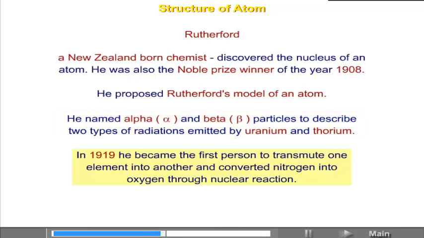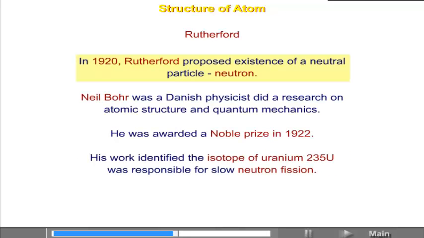In 1919, he became the first person to transmute one element into another, nitrogen into oxygen, through nuclear reaction. In 1920, Rutherford proposed existence of a neutral particle, neutron.